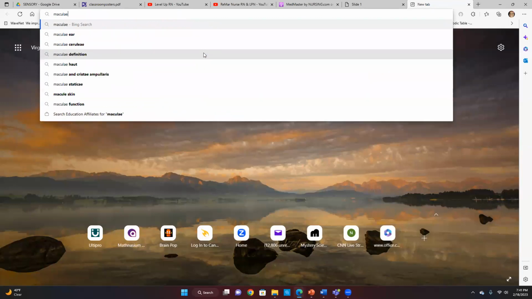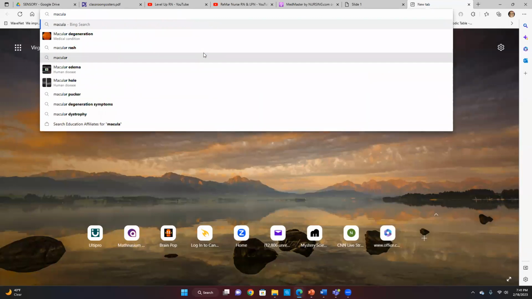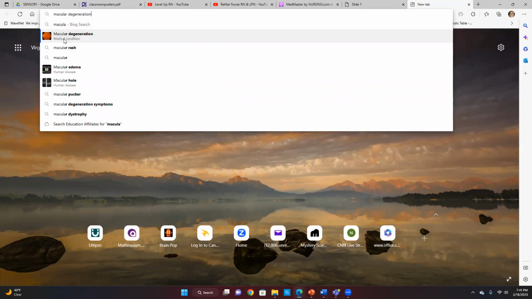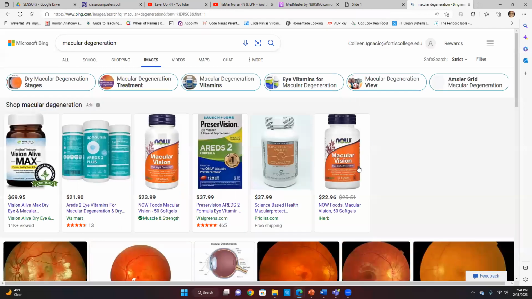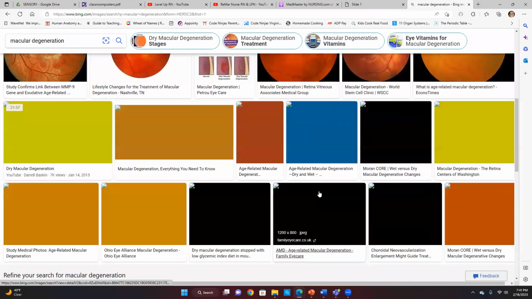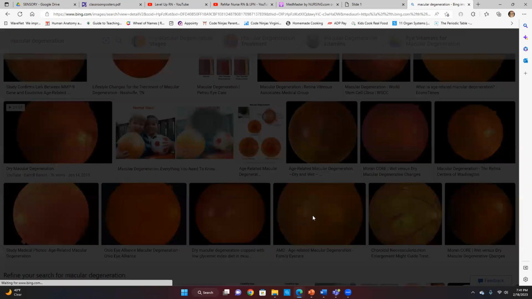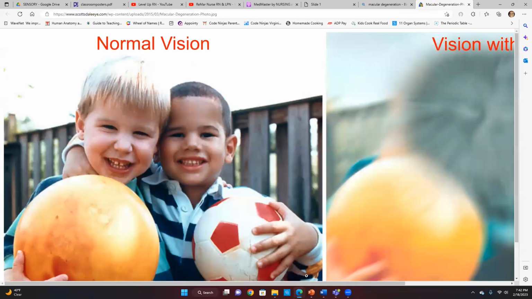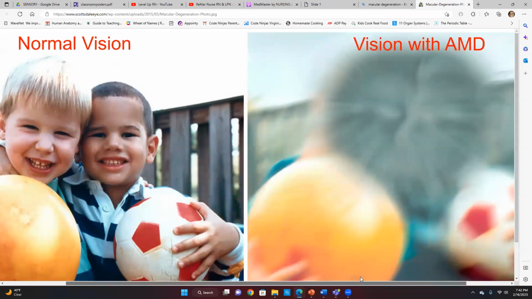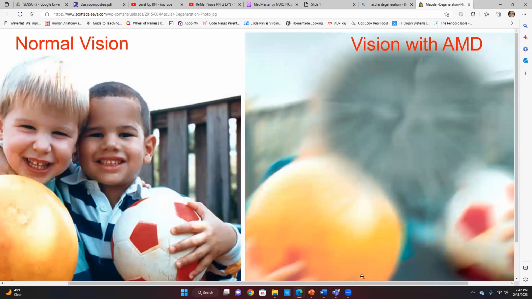If we're talking about macular degeneration, I talk about how this is central vision loss, and then I pull up a picture so my students can see what I'm talking about. On the left is a picture of what a patient with normal vision would see, and this is my patient with macular degeneration.